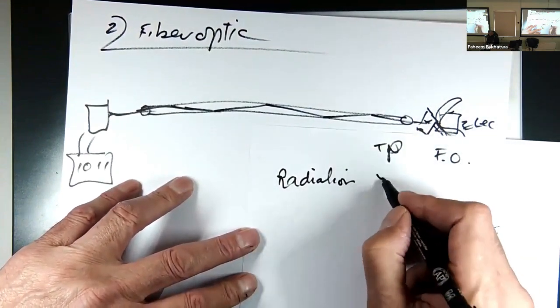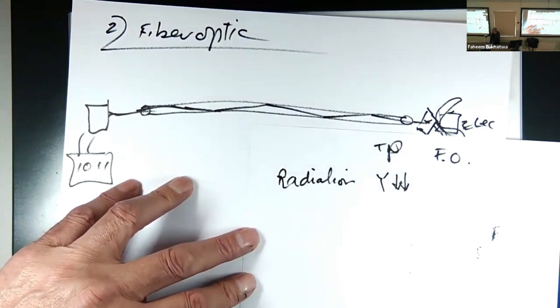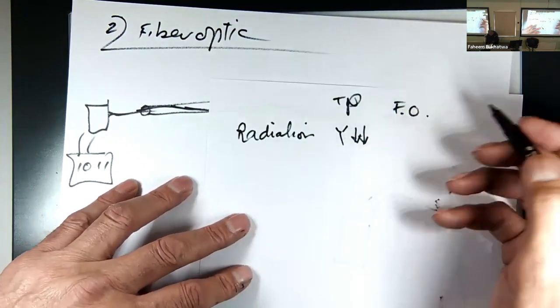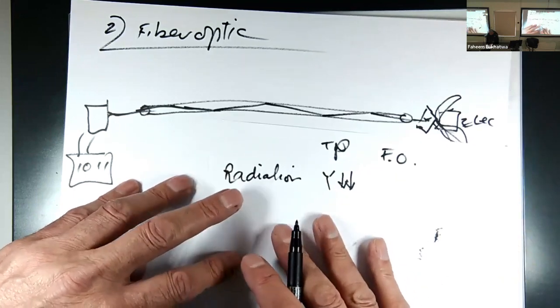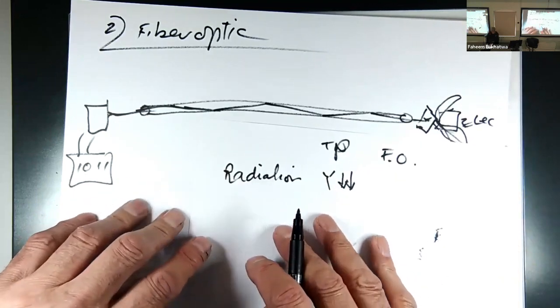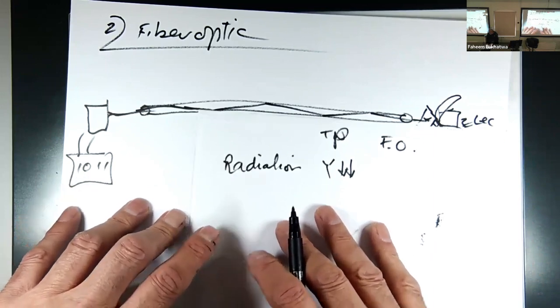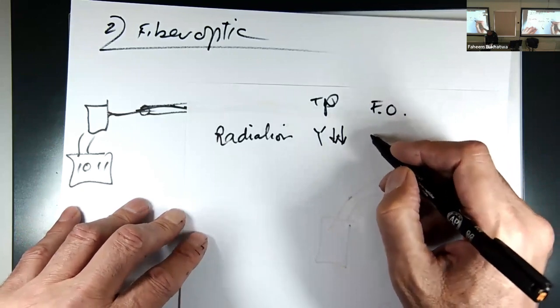Twisted pair, yes, it radiates, and that's a very bad sign. It's not good for security. Fiber optic light never radiates. It doesn't generate a magnetic field. It doesn't generate anything. It's one light beam that travels through. It doesn't generate anything that can be picked up.